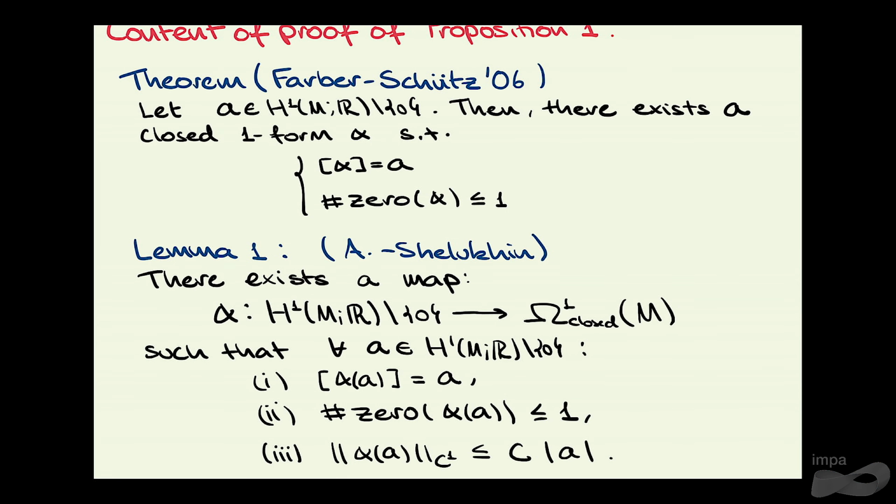If you don't have control over your C1 norm, perhaps you can get periodic orbits that don't come from zeros.